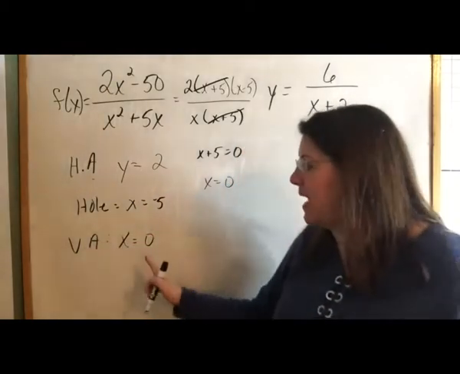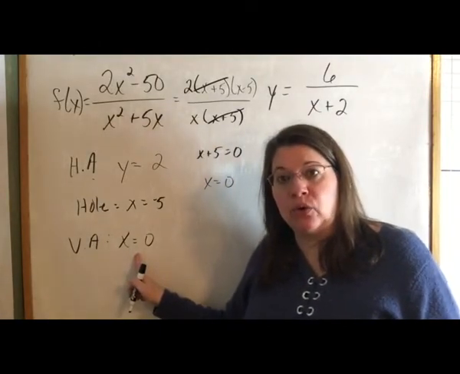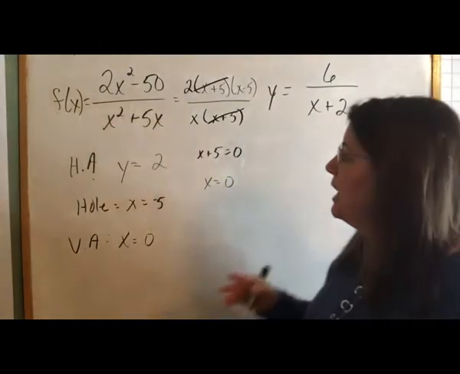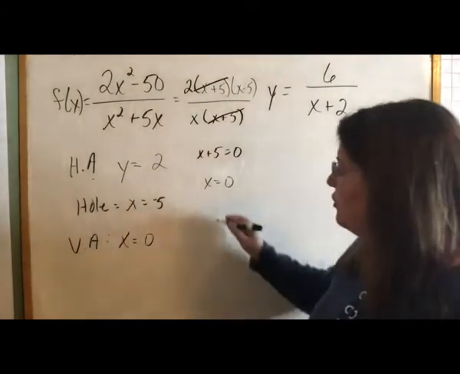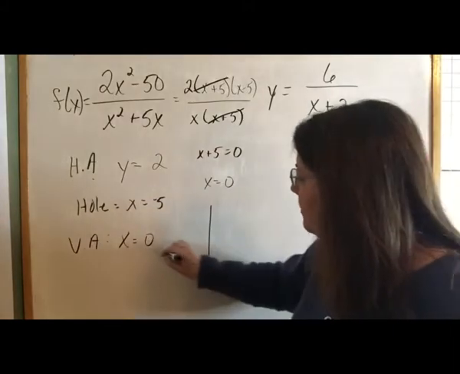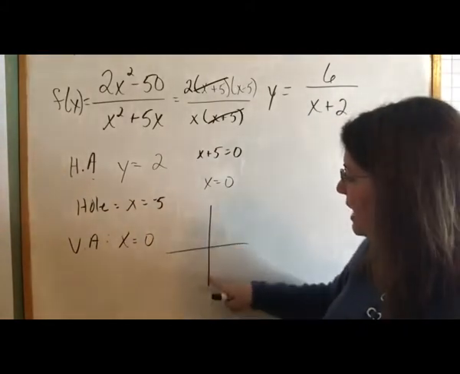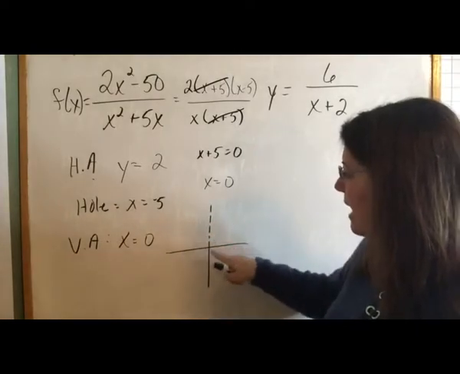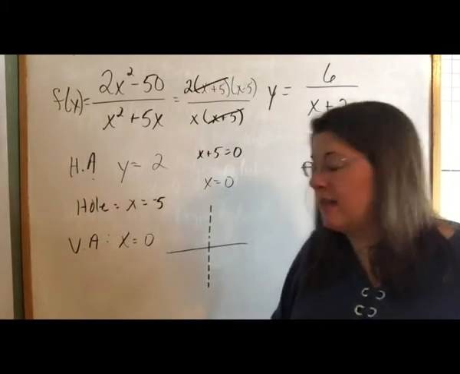Now, if you think about that, isn't x equals 0 the y-axis on your coordinate system? Okay, so if I were to try to graph this, basically what I need to understand is that on my graph, my x equals 0 line is this line right here. That will be an asymptote. So I'm going to draw that dotted to signify that it's an asymptote.